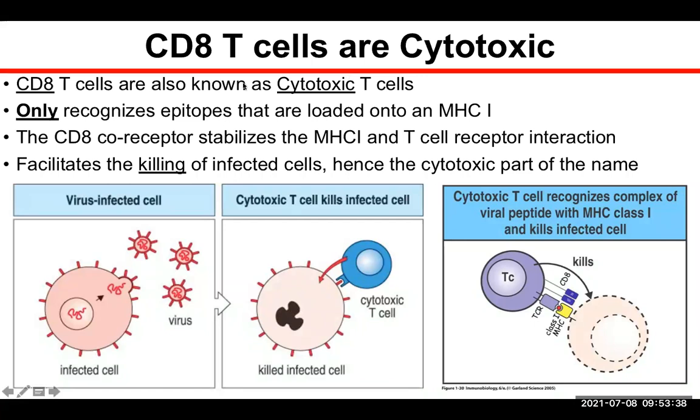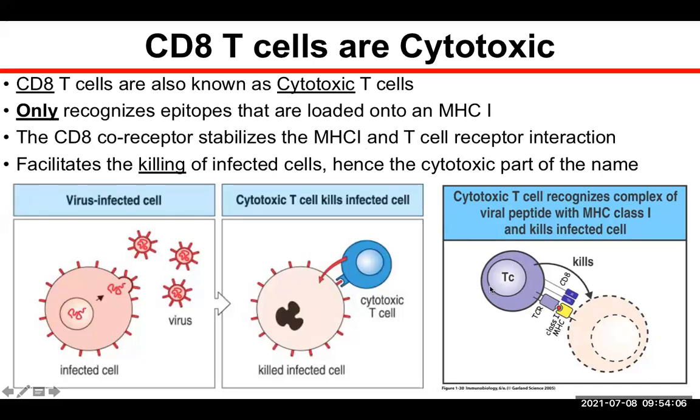These particular T cells are only going to recognize the epitopes, or that part of the antigen, that is loaded onto an MHC1. So MHC1 will interact with the T cell receptor of CD8 T cells. The whole point of this CD8 expression is it functions as a co-receptor, and it basically stabilizes the interaction between the MHC1 and the T cell receptor.